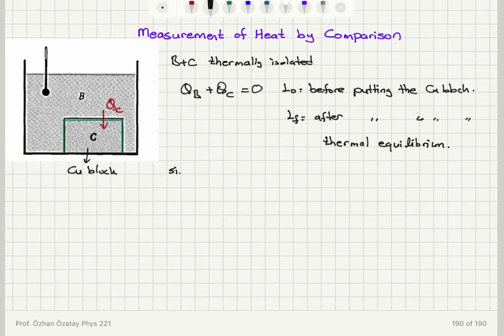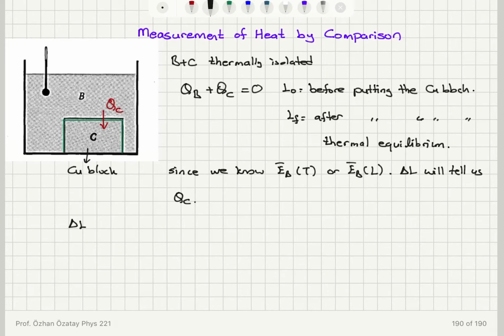Since we know how the mean internal energy of system B depends on temperature, or how it depends on the length L, the change in the length of the thermometer will tell us how much the heat absorbed by system C is.